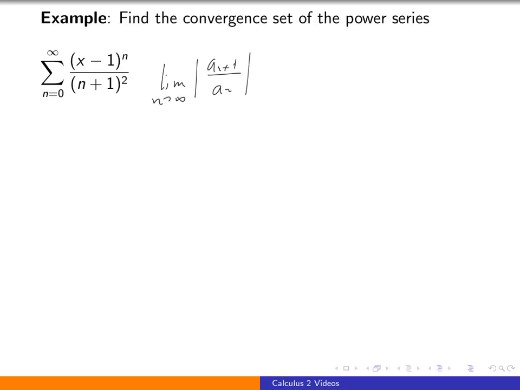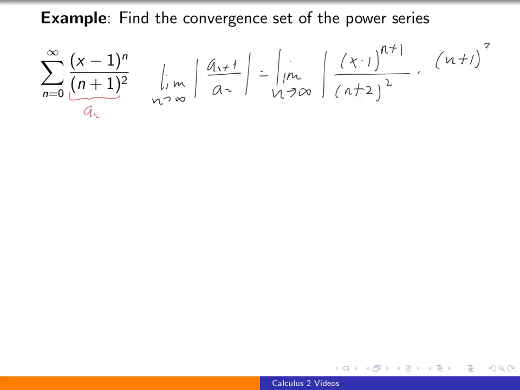And recall that a sub n is the quantity being summed by the series. So to form a sub n plus 1, for each n, we replace it with an n plus 1. So that would be x minus 1 to the n plus 1 over n plus 1 squared, so n plus 2 squared. And instead of dividing by a sub n, we are going to multiply by its reciprocal.